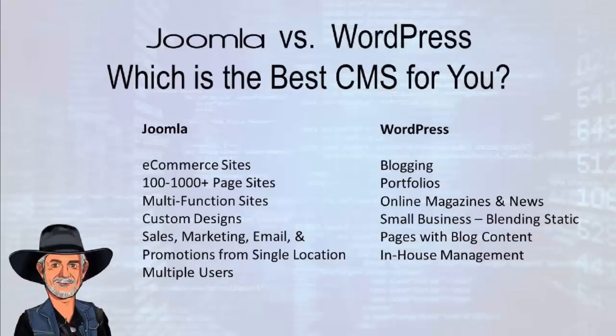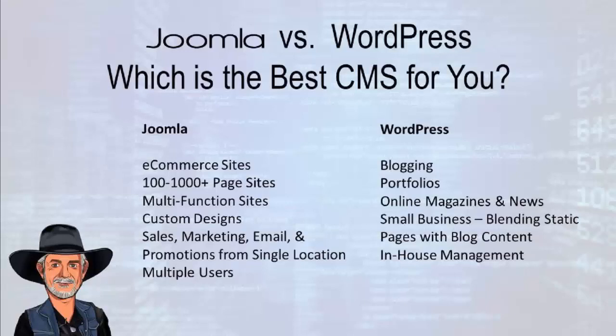You can have a public section that your clients and customers go to. You can have an administration section where your staff goes to. So it can manage all of these things at the same time, all in one content management system instead of having to divide it up. That's just not a feature that WordPress is inclined to do.